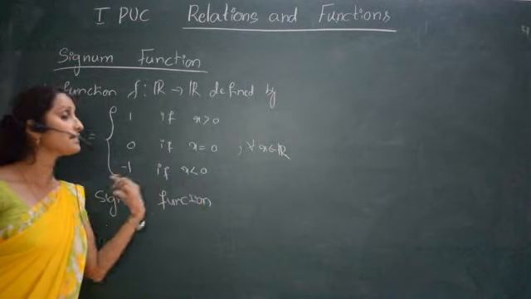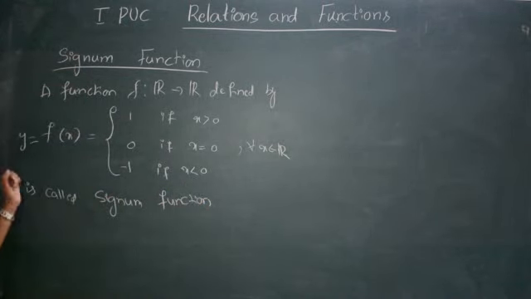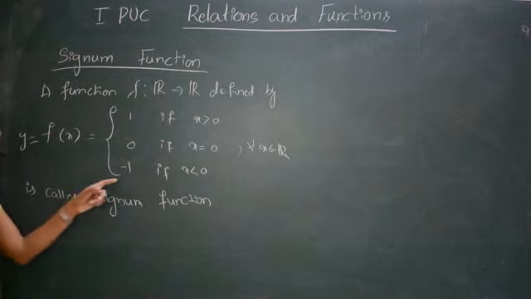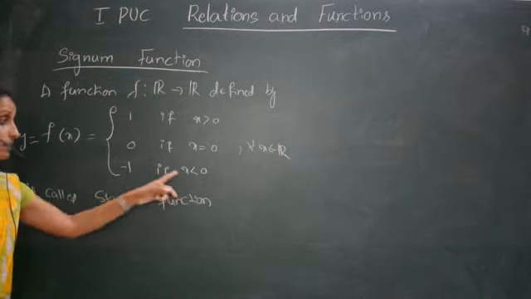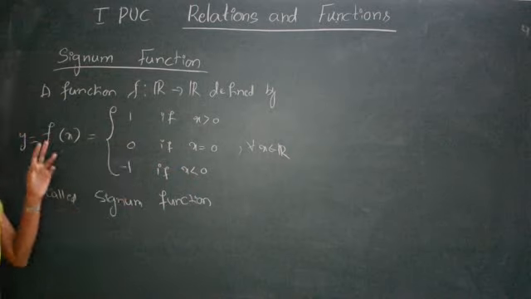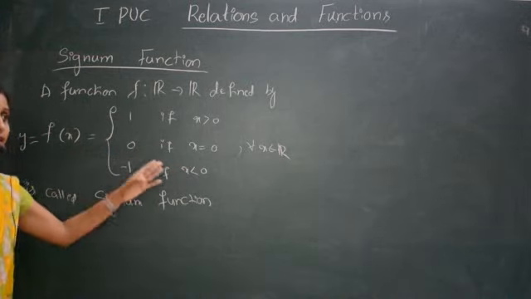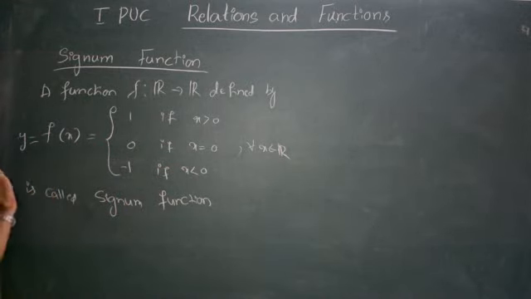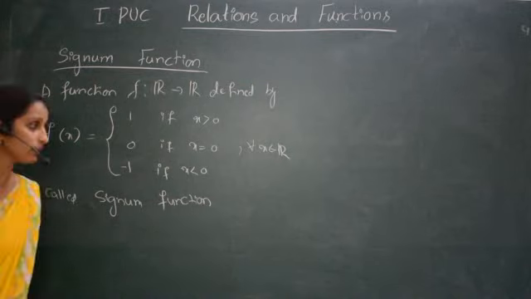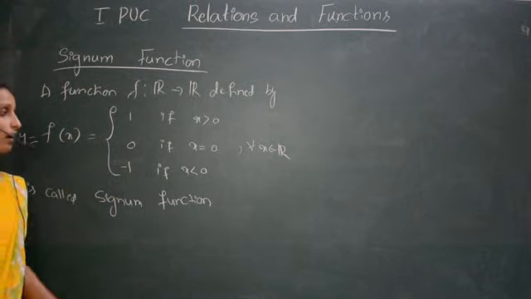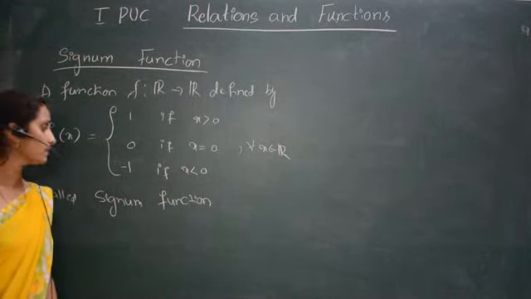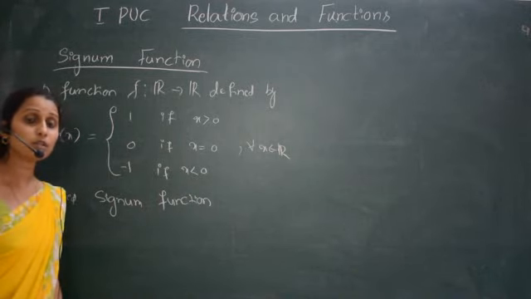If x is less than 0, say x is minus 1, then f of x is minus 1. x is minus 2, minus 1. x is minus 3, minus 1. x is minus 4, minus 5, minus 6, minus 7, minus 8, minus 100, minus 1 lakh, minus 10,000, minus 0.5, minus 0.1, minus 0.00001, then also minus 1.